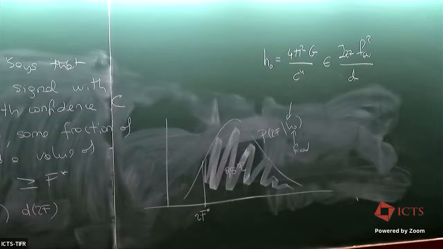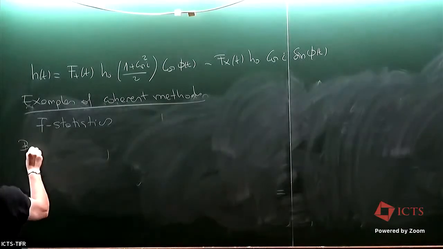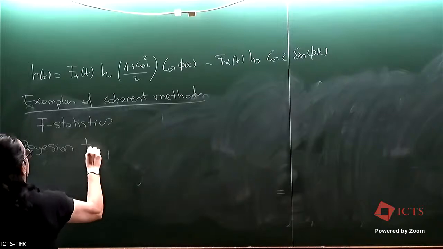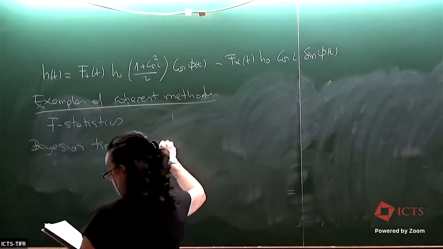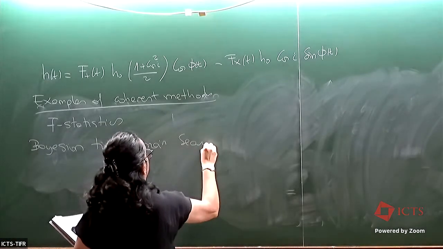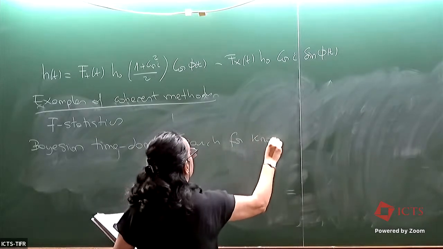The second method that I want to talk about is a time domain method following a Bayesian approach. The Bayesian time domain search for known pulsars.